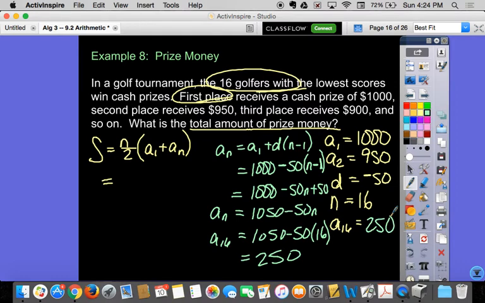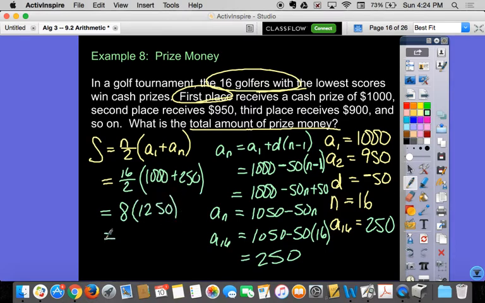So if you come in here to your sum formula, you've got 16 prizes divided by 2. First place, $1,000. Last place, $250. That turns into 8 times $1,250. Multiply those out. It comes out to a perfect $10,000.